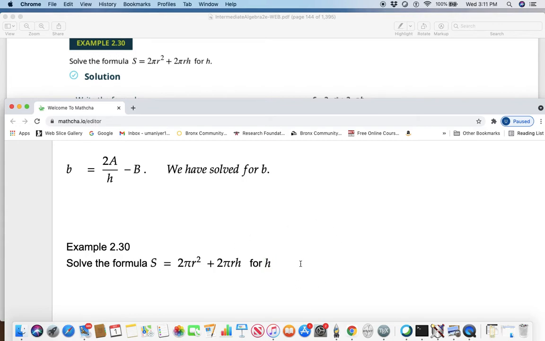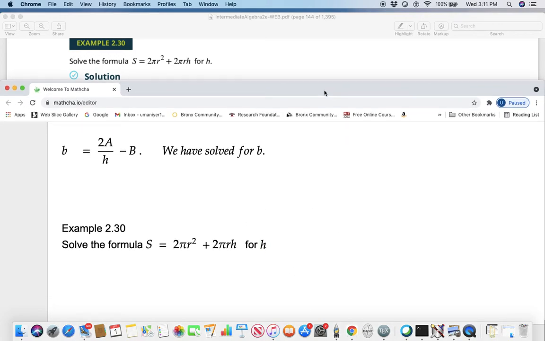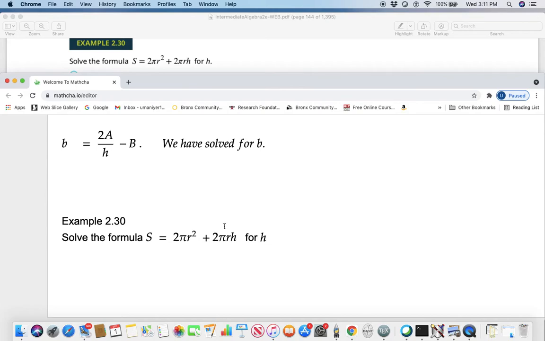It is approximately 3.14, but it is actually an irrational number, 3.14 and so on, with infinitely long decimals. So think of it as just a pure number. You want to solve for h, so think of this variable r and this variable s as pure numbers too.